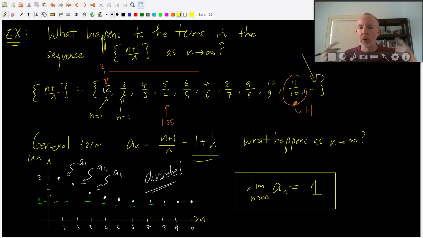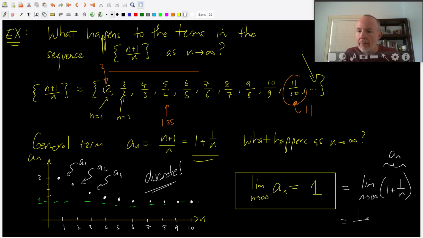So let's unfurl a few of these ideas. In fact, you could say more. You could say it really makes sense that this is going to be the same as the limit of that thing. Well, I mean, it has to be. That's what that thing is, right? This is just our rearranging of a sub n. But now think about what we know about functions from Calc 1.